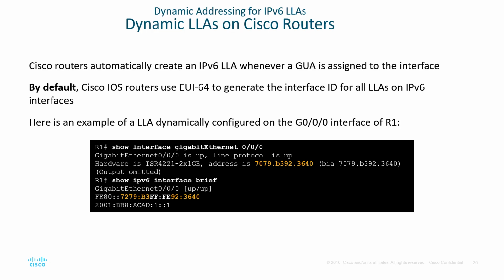So you see above you the original 7079.b392.3640. It again inserts the FFFE, excuse me, flips the 7th bit, and now instead of 7079, you have 7279.